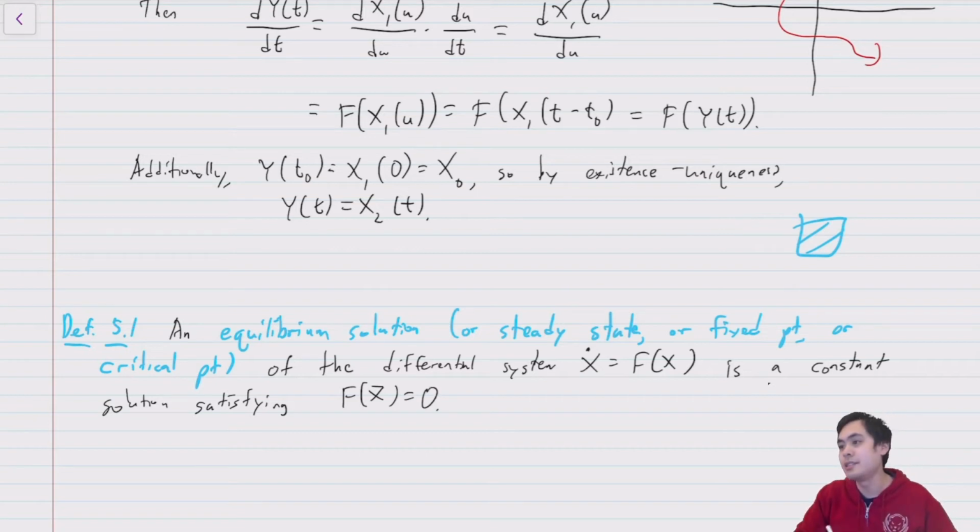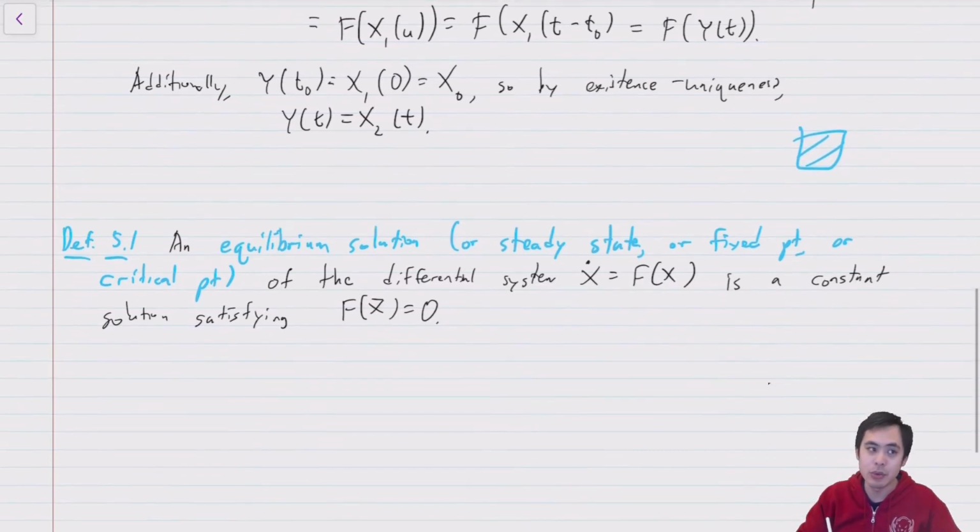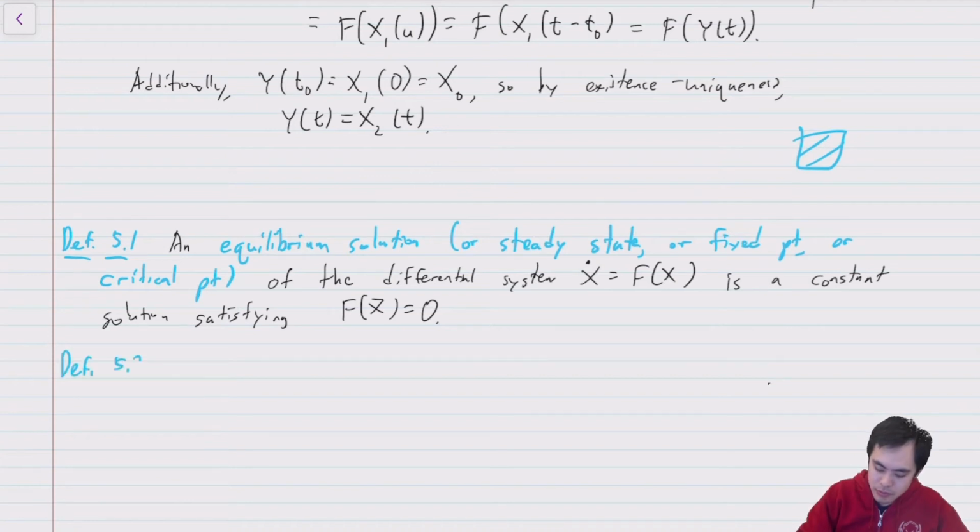Recall that x dot is equal to f of x, and so therefore if f of x bar is equal to 0, what you're saying is that the derivative is also equal to 0, and therefore you satisfy your differential system and you're not moving anywhere. And that's also why it's called a fixed point.